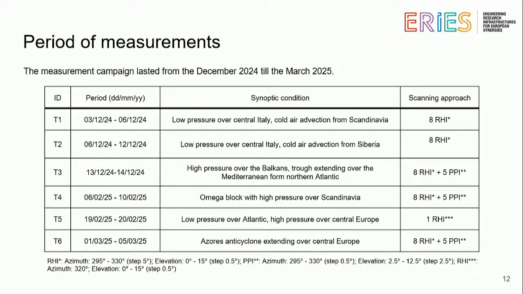In the 5th event, downslope winds were due to very wide and very low pressure over Atlantic Ocean paired with high pressure over Central Europe. And the 6th one was the weakest one because there was a lower temperature difference between Po Valley and Mediterranean.